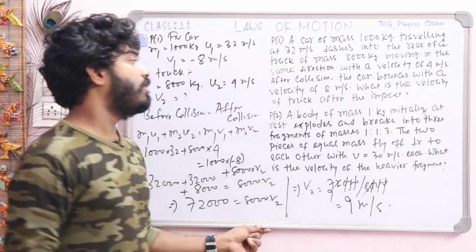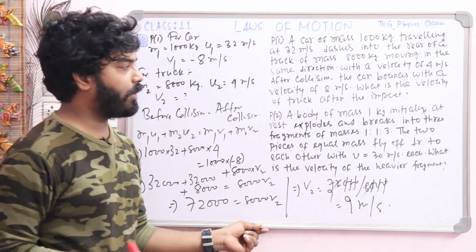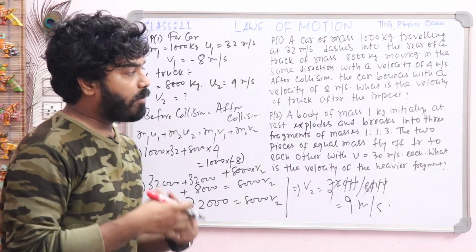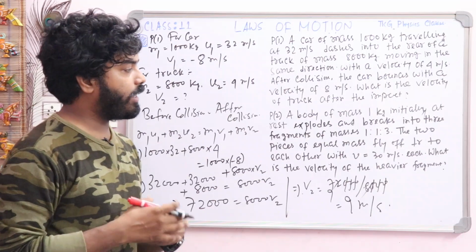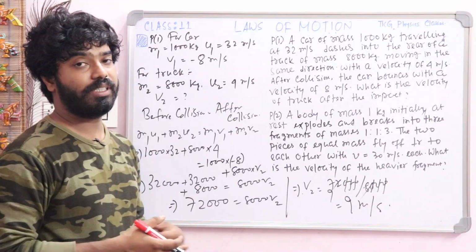Okay, so in these types of problem you have to use the conservation law of linear momentum. Now observe problem 2. Problem 2 is quite important. A body of mass 1 kg initially at rest explodes and breaks into 3 fragments of masses in the ratio 1:3:3.